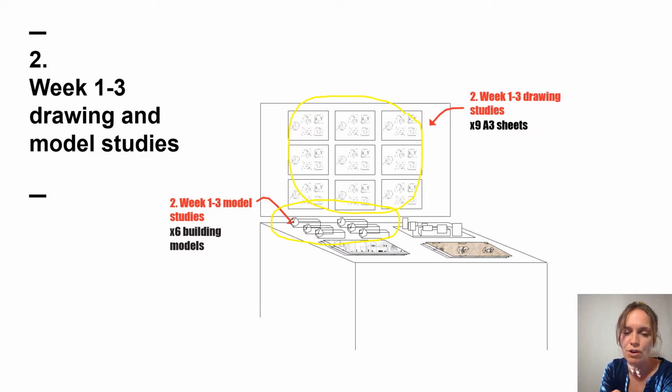So that was an interior volume and exterior volumes, and they form 6 in total. The idea is that you will be able to take your building models from here and plug them into the site model over there so that we can see how they work in context.